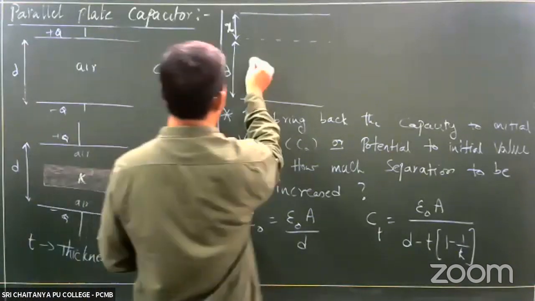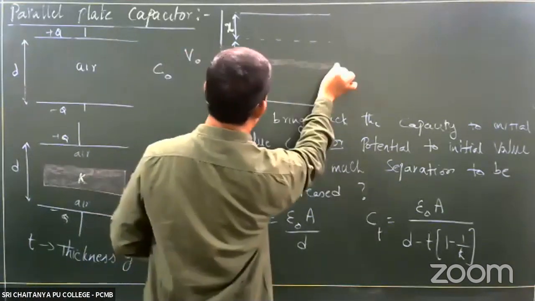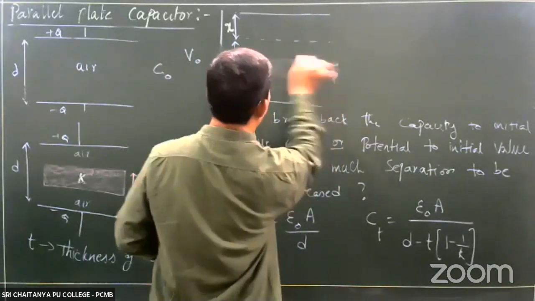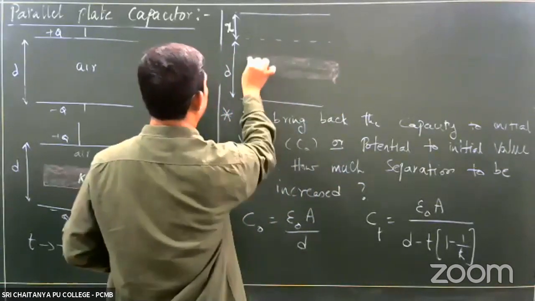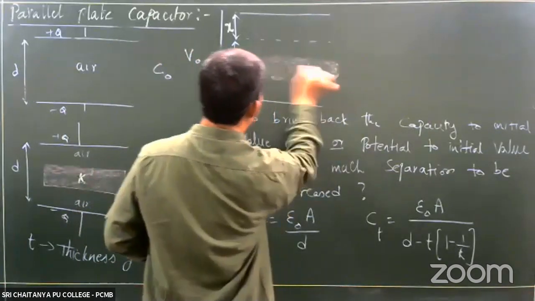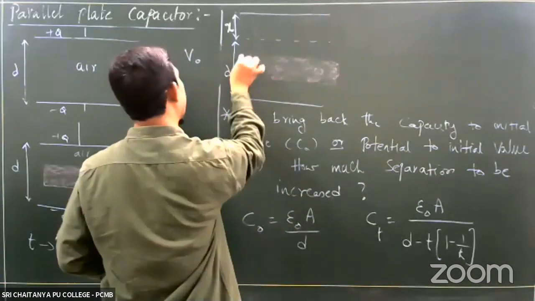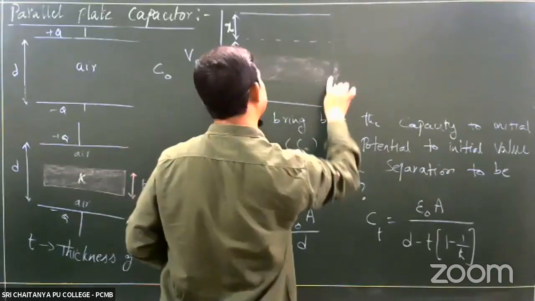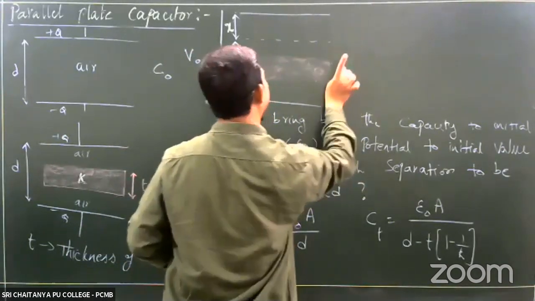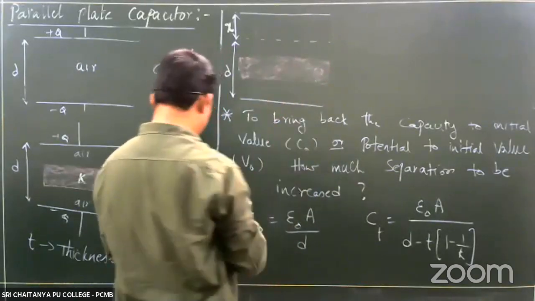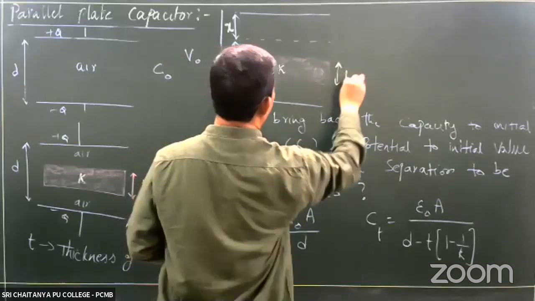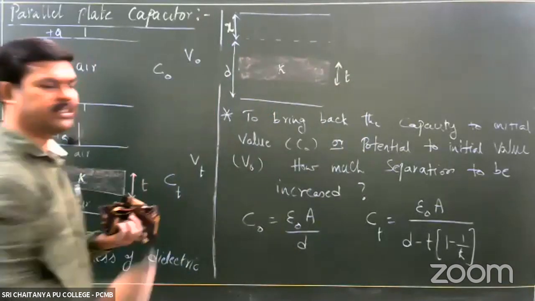Slab is present here with a dielectric constant K and thickness T. Now what is the total separation?